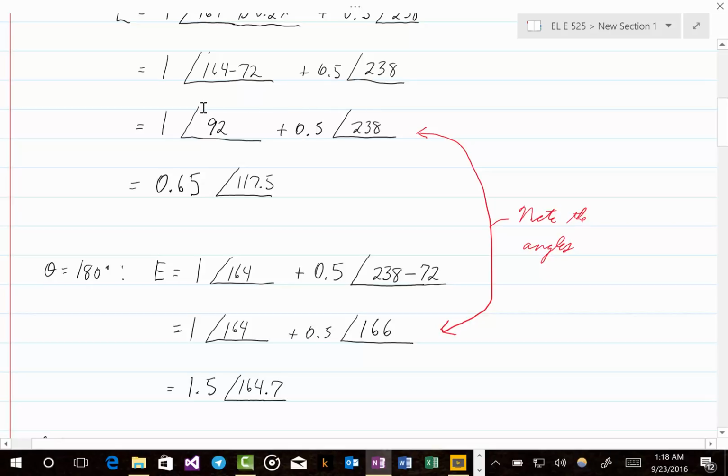But on the other hand, they certainly aren't in phase either. When we looked in the 180 degree direction, notice that the angles are 164 degrees and 166 degrees. So in that direction, these two phasors are almost exactly in phase with each other, and so it's not surprising at all that we come up with a much larger magnitude in the theta equals 180 degree direction than we do in the theta equals 0 degrees direction.